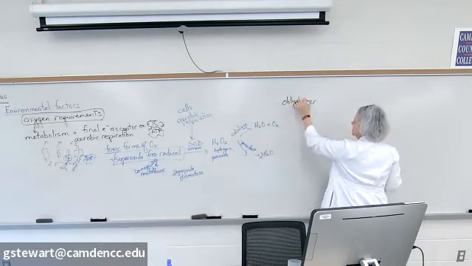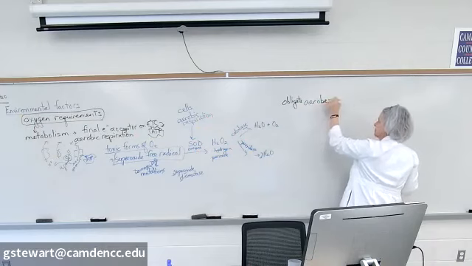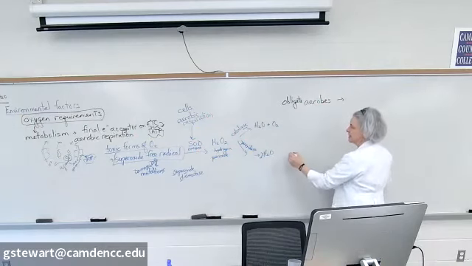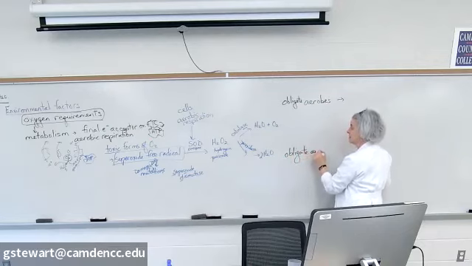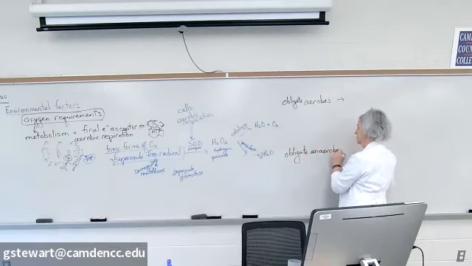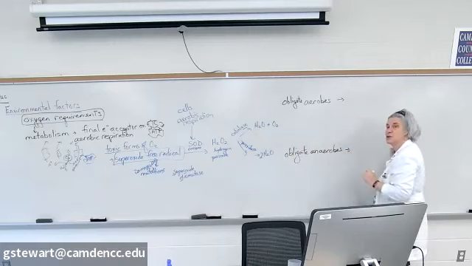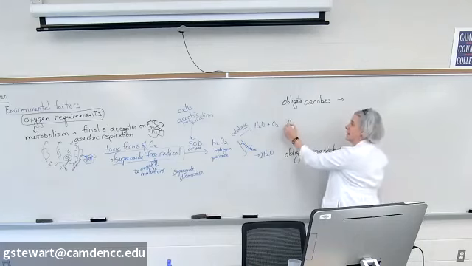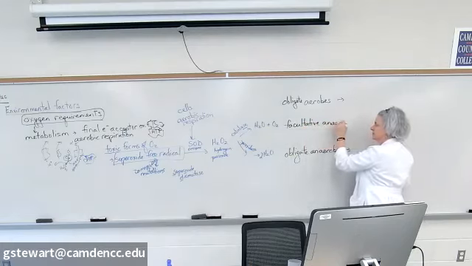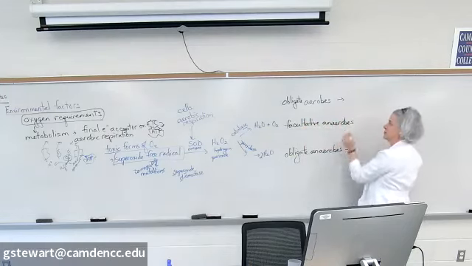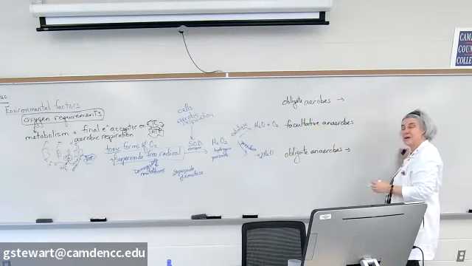Obligate aerobes and obligate anaerobes are the two main categories on the far extremes, and then there's one in the middle that we call a facultative anaerobe. So obligate: must have, obligation, must do, right?